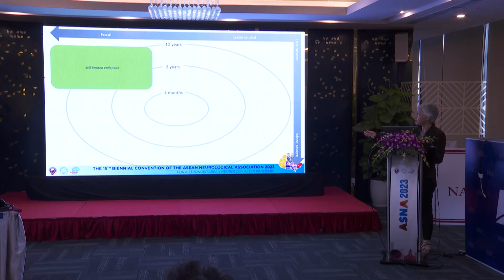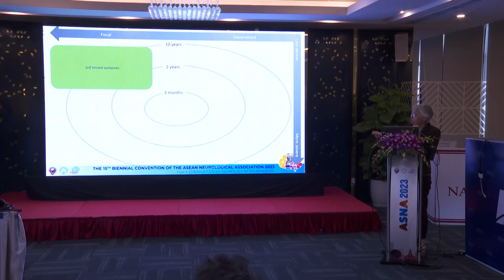In this one, you have the now called self-limited epilepsies that are focal and previously idiopathic. Now we can say less severe. There are specific epileptic syndromes.